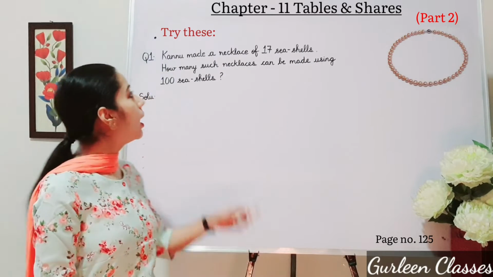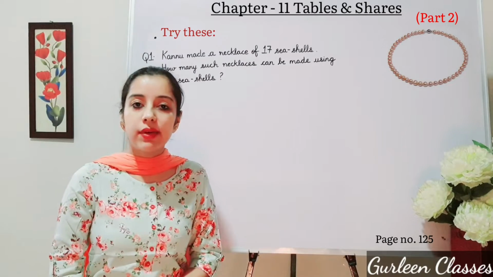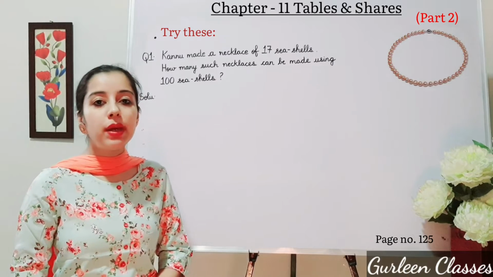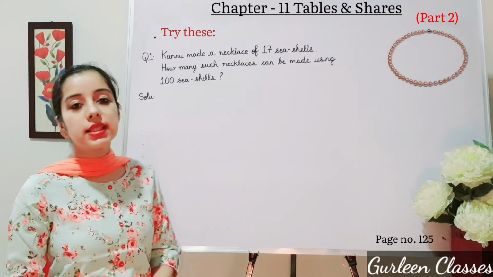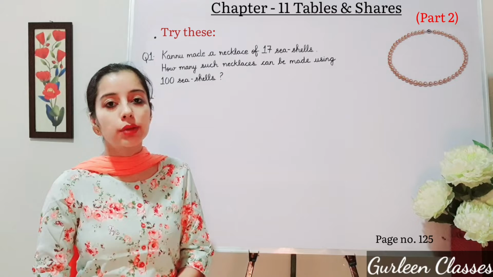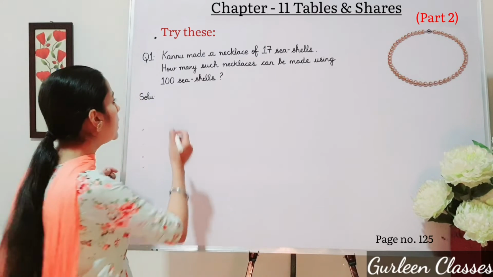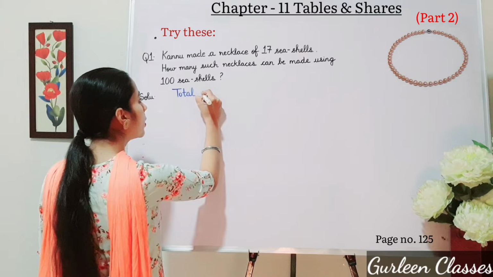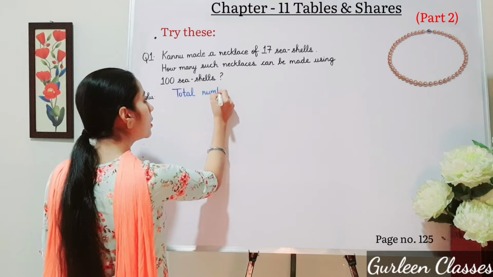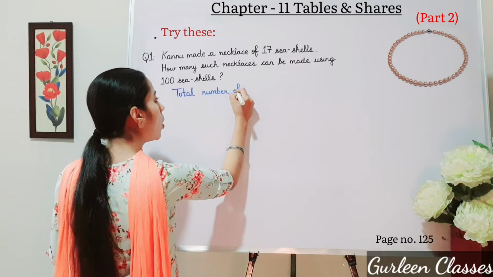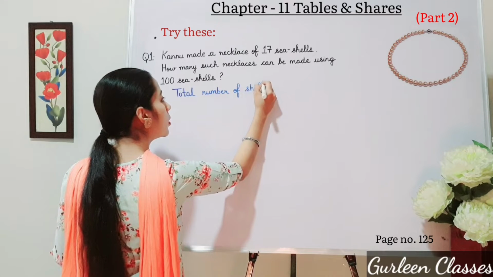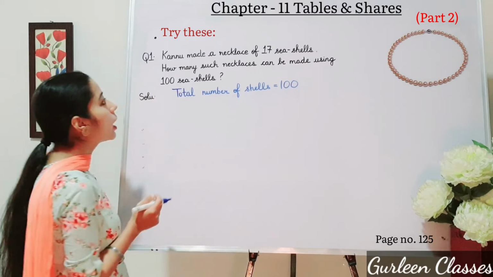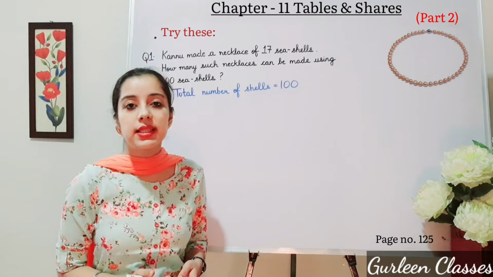Question number 1. Kanu made a necklace of 17 seashells. How many such necklaces can be made using 100 seashells? So total number of shells is equal to 100. So Kanu made a necklace of 17 seashells.